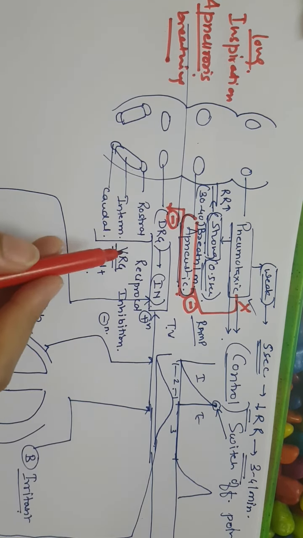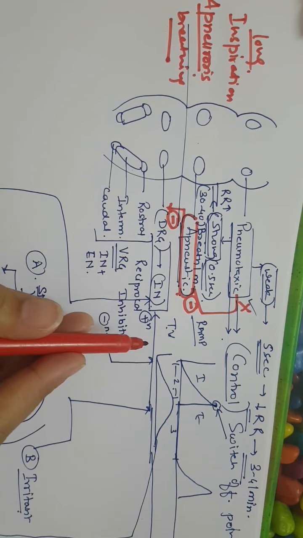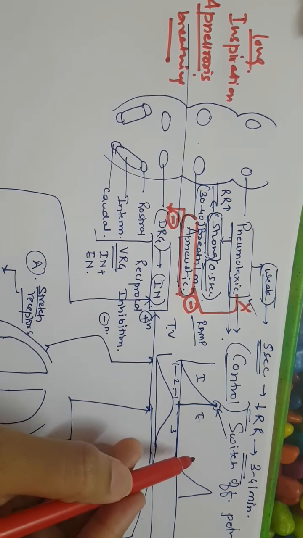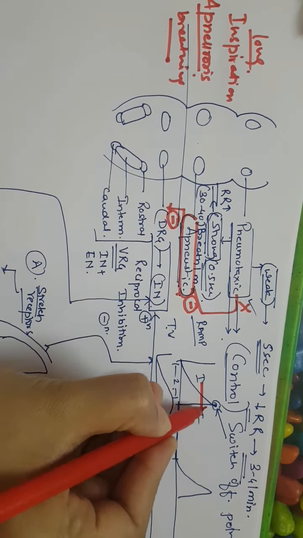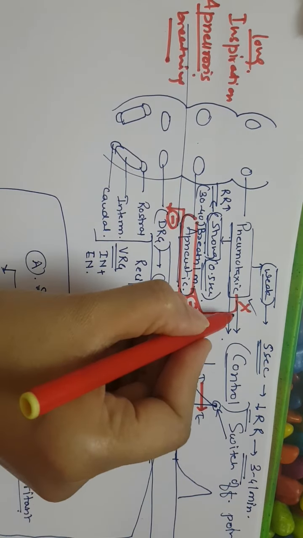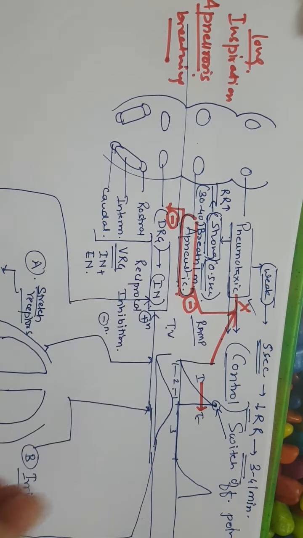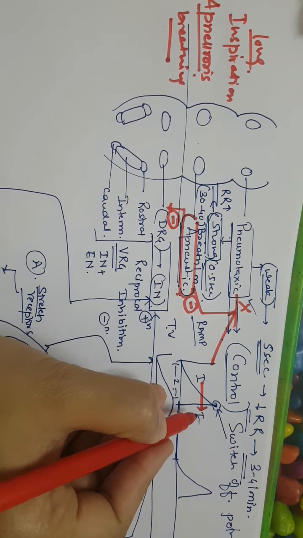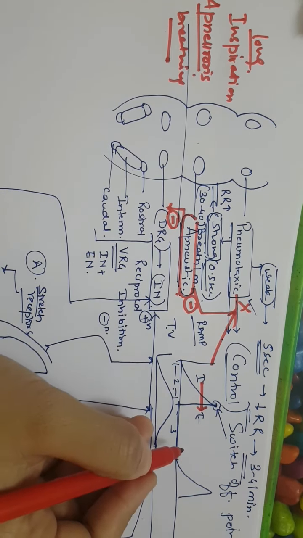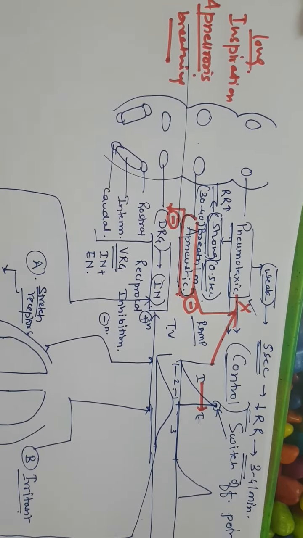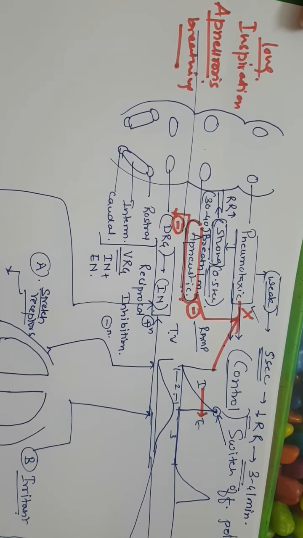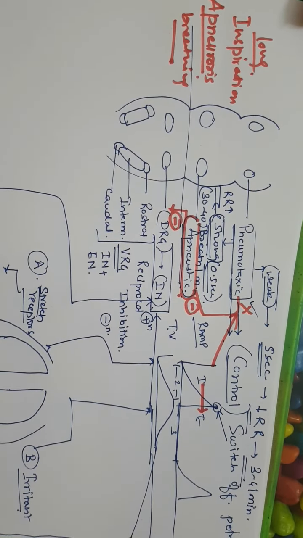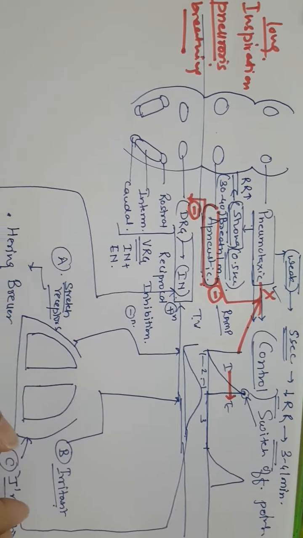So there will be a smooth transition from inspiration to expiration. This transition from inspiration to expiration is basically controlled by pneumotaxic center. Okay, so there is smoothing of these phases from inspiration to expiration, which is done by pneumotaxic center. So this is how the respiration is controlled.